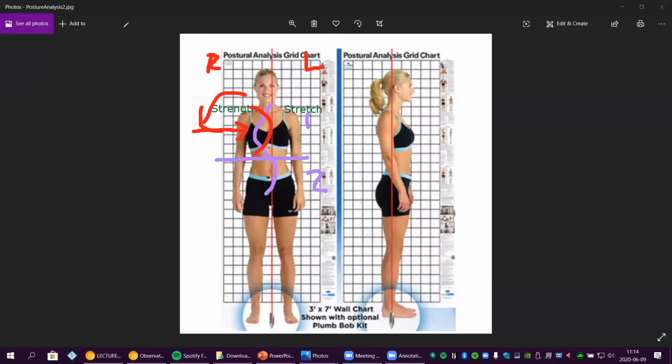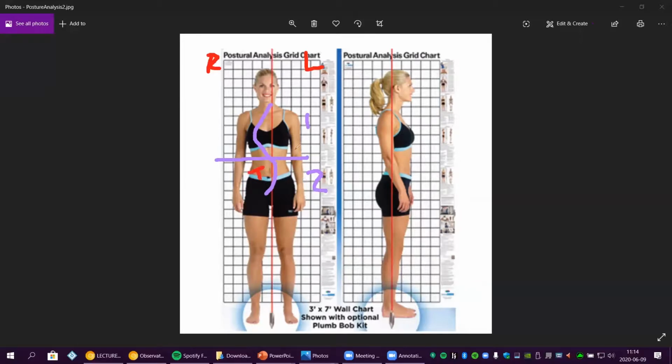So let's come down here to curve number 2. All right, so now we're down at curve number 2 down here. What side is tight on curve number 2? Good, right? So this is my tight side.